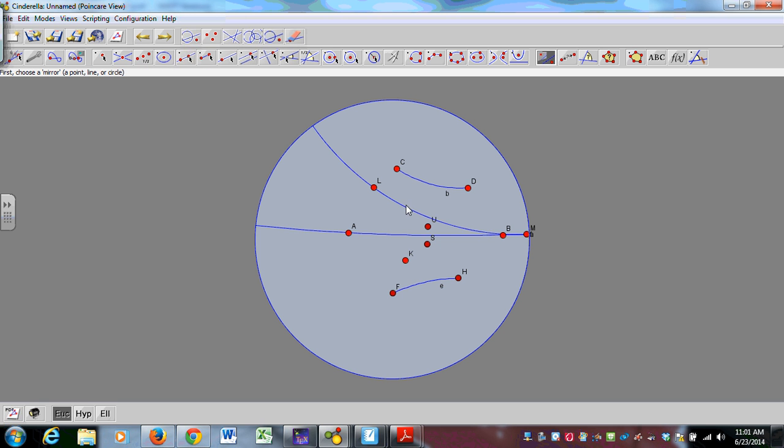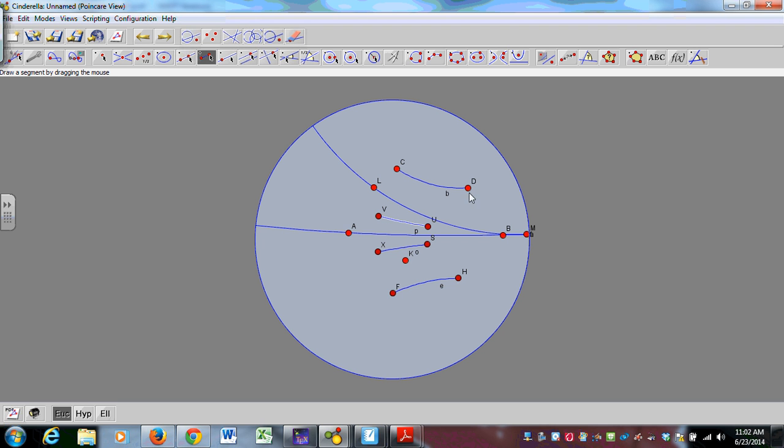I'll pick this as the mirror and reflect point C, and then pick this as the mirror and reflect point V. Oh, yeah. So let's recap for all the folks at home.